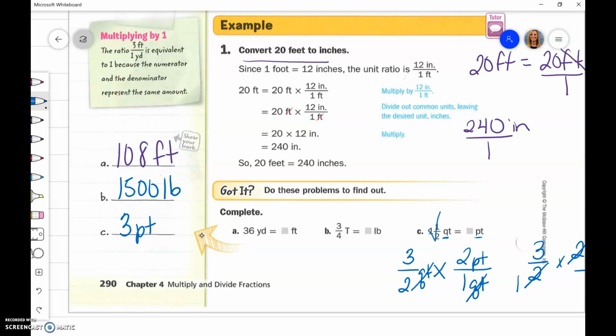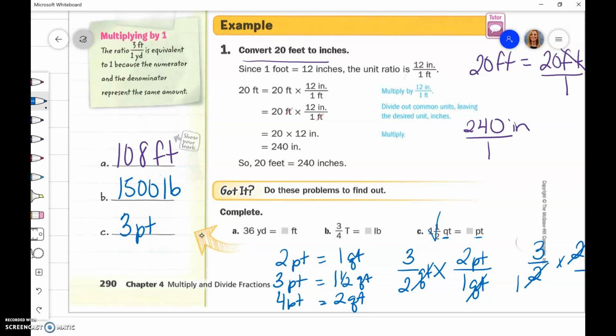Now, 6th graders, let's think about this for a minute. We said that in 2 pints, there was 1 quart. Okay? Well, what if we have 4 pints? That would give us 2 quarts. So wouldn't it make sense that if I just added 1 more pint, that would give me 1 1/2 quarts?